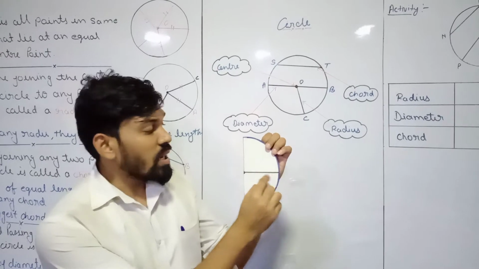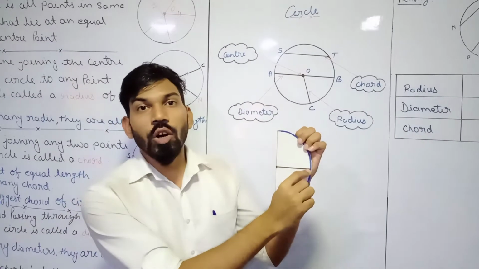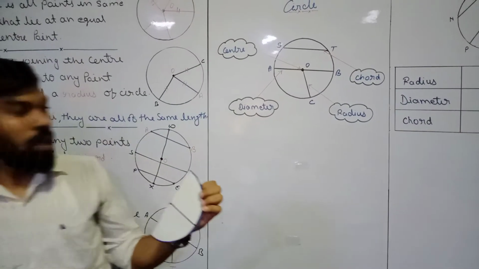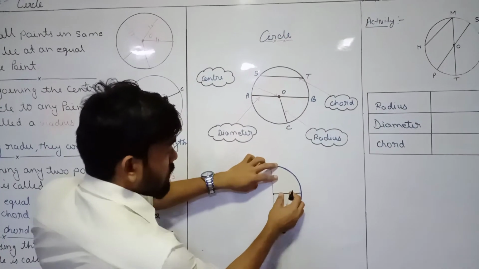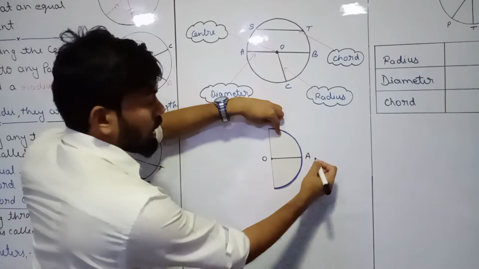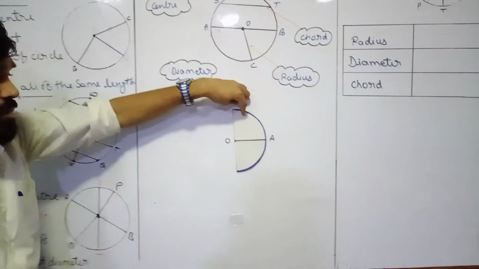So we can say that if any point on the circle is joined to the center, that line segment is called a radius. Like if I name the center O and here A, then OA is a radius of the circle.